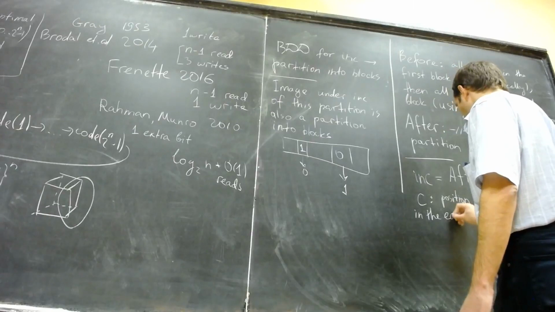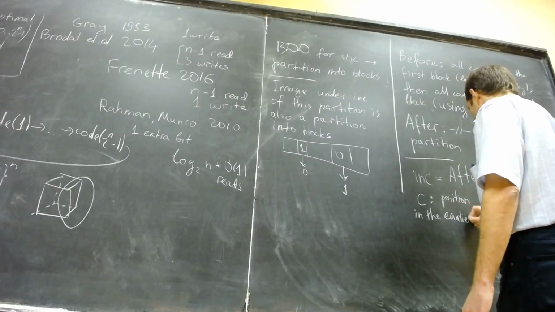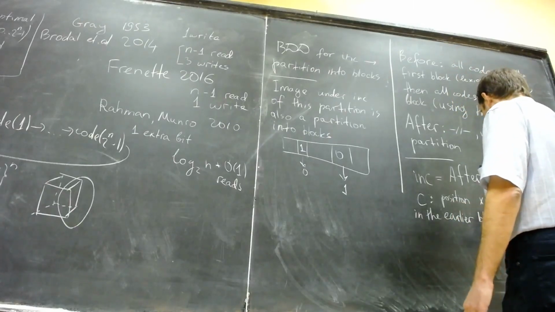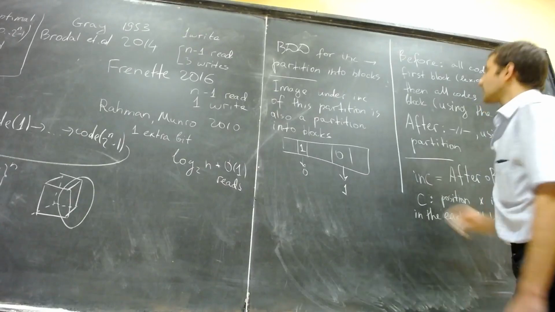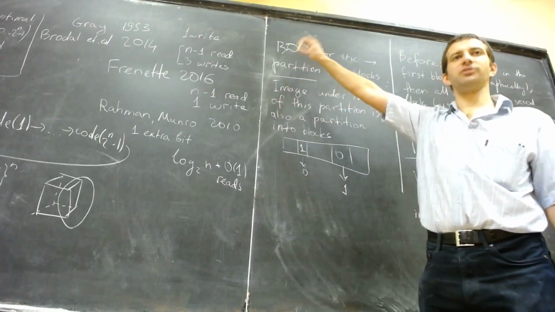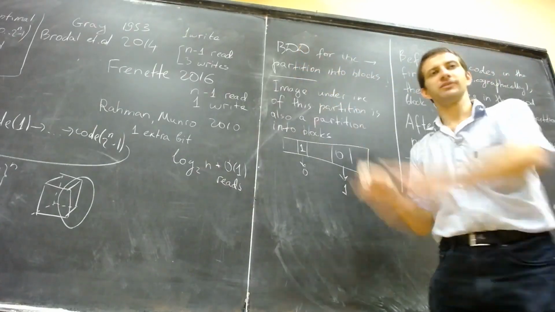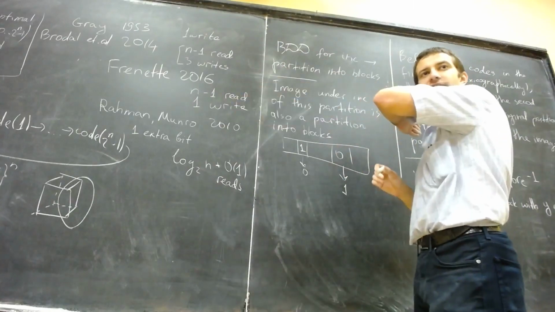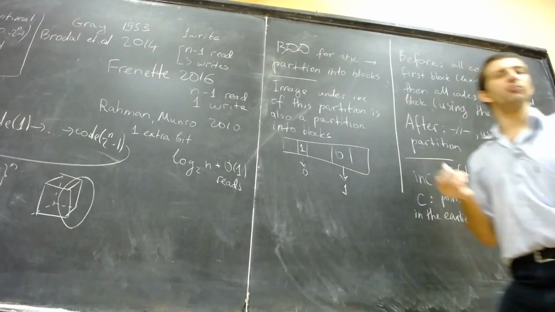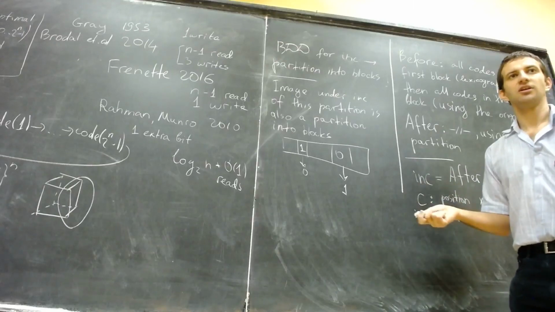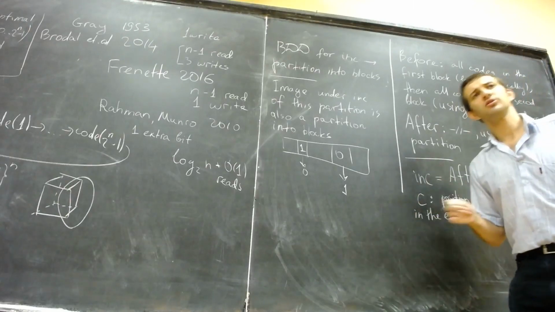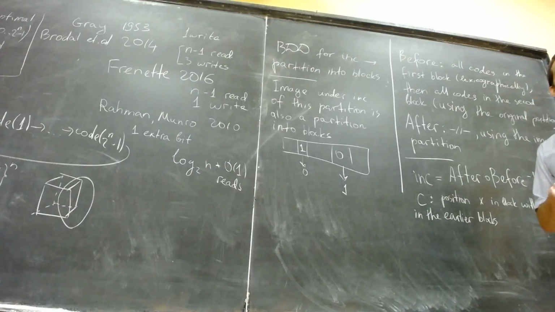What is the first block in the definition of before? A binary decision diagram can be drawn, with leaves from left to right, and each leaf corresponds to a block in the partition. And this is the order. The leftmost leaf, yes.